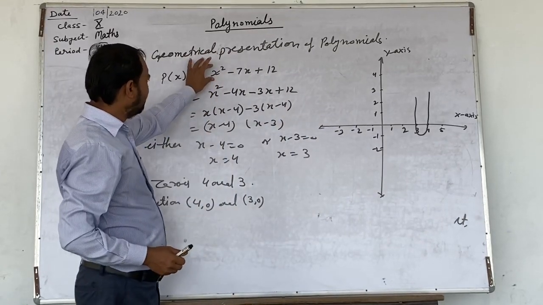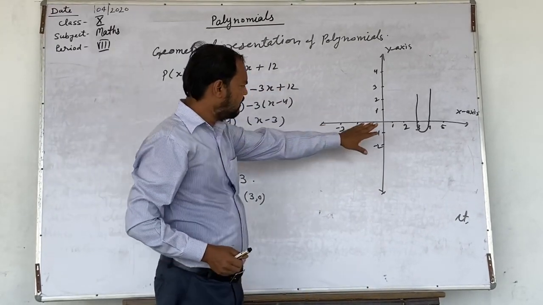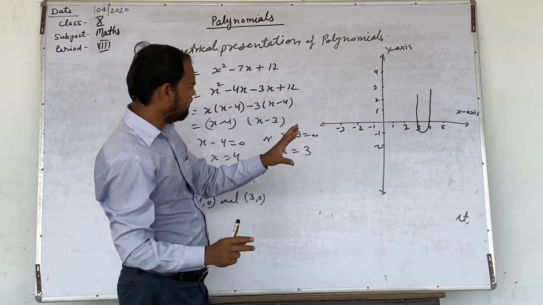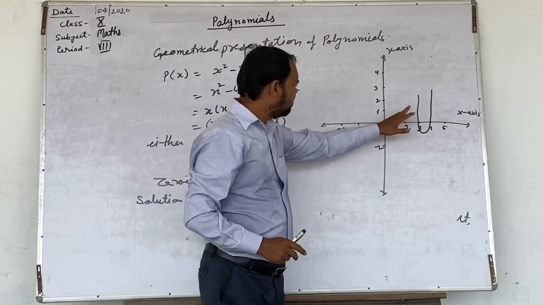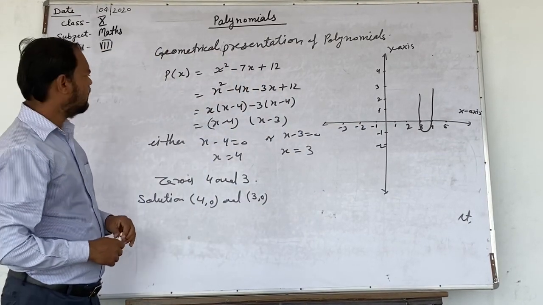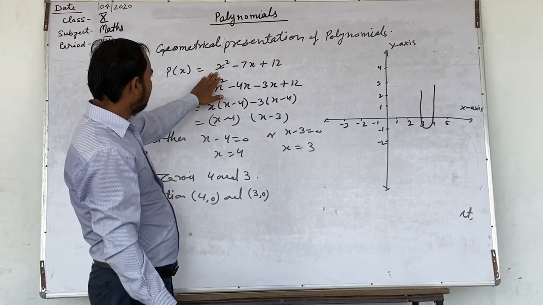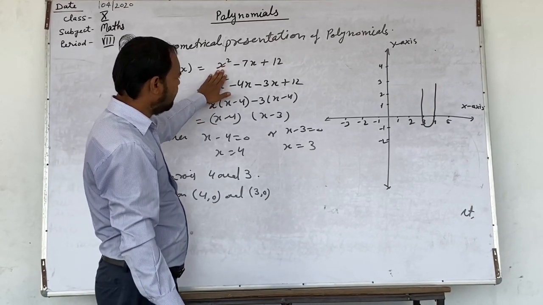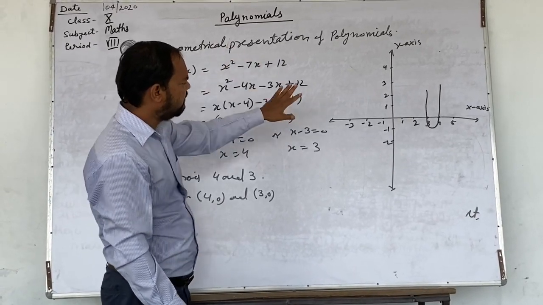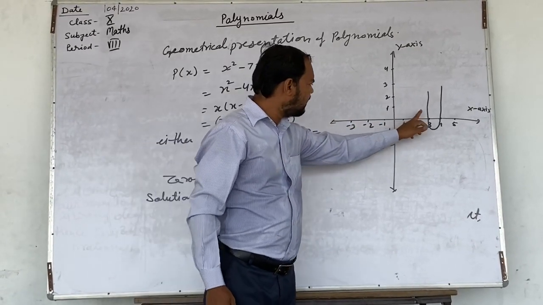So when you draw the graph, the graph of this polynomial will move like this. We are just showing only 2 points to show the shape of the graph. This shape of the graph is called a parabola. What do you conclude? A quadratic polynomial with degree 2 has a geometrical representation like a parabola.